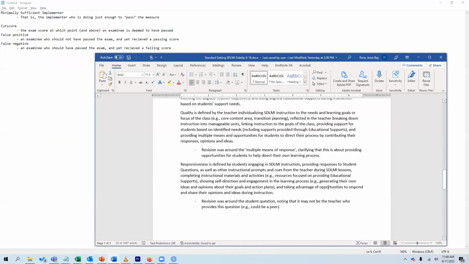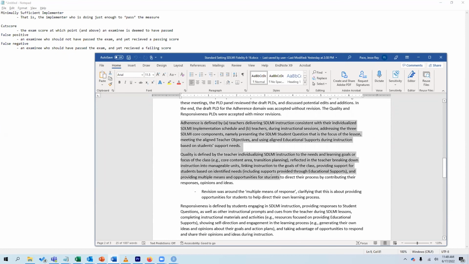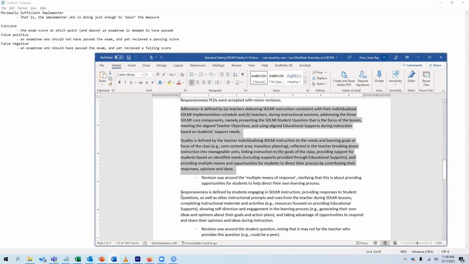And then we're going to use all of that information to estimate, for a given item, how well we think 100 minimally proficient implementers would score on that item, right? And once we do that for all of our items, we'll have our argument for where we believe the cut score should be.